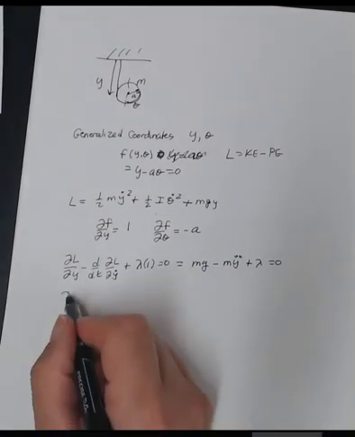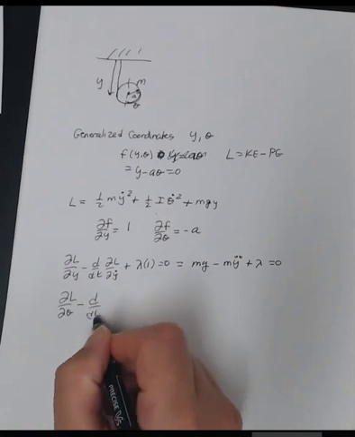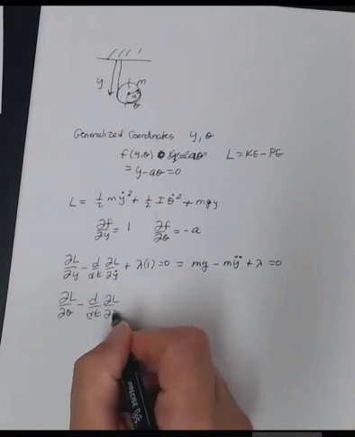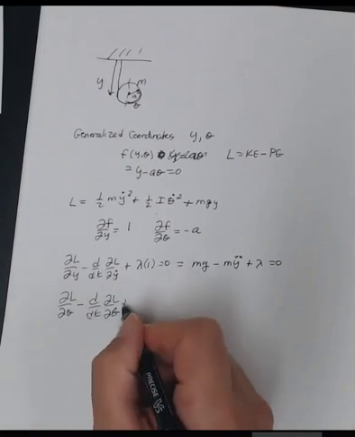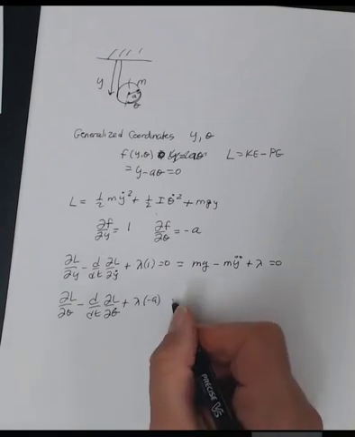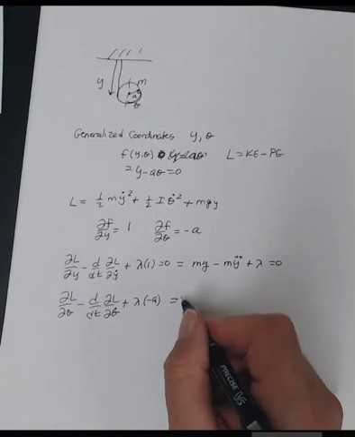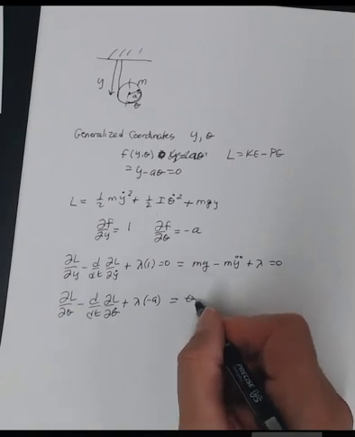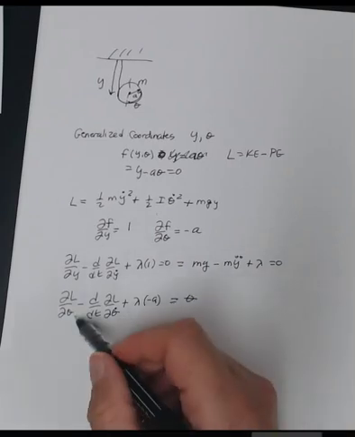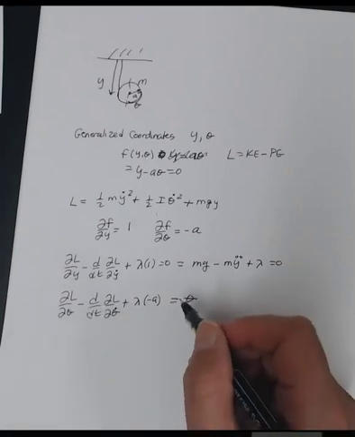And the other one, dL/d theta minus d/dt dL/d theta dot plus lambda times negative a equals 0. When I take the derivative with respect to theta, I got 0 minus, hold on, I gotta be careful here.